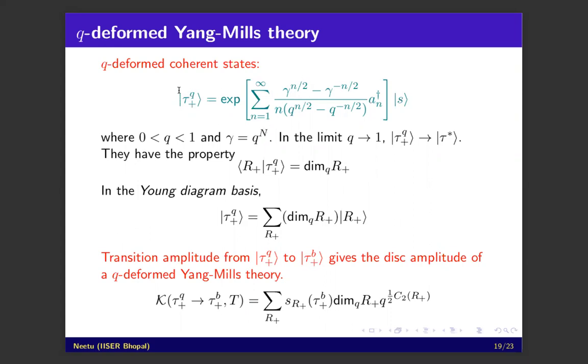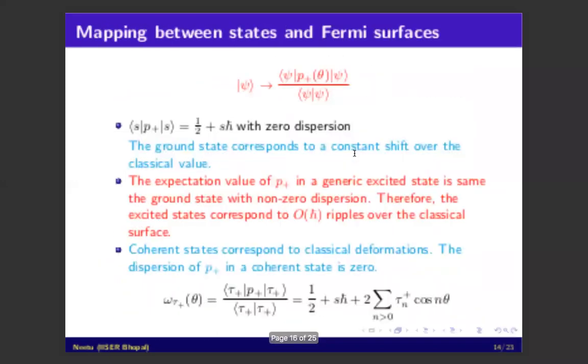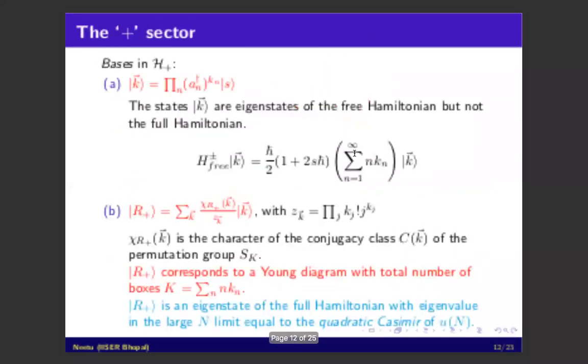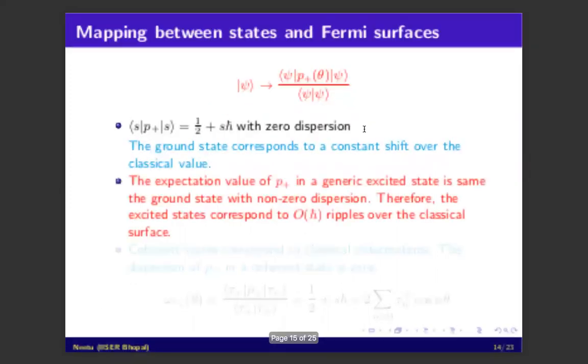These particular states are defined to get the partition function for q-deformed Yang-Mills. And I defined these other coherent states, and from these states we get the ordinary Yang-Mills theory. I see. What do you have to do to get different Riemann surfaces?